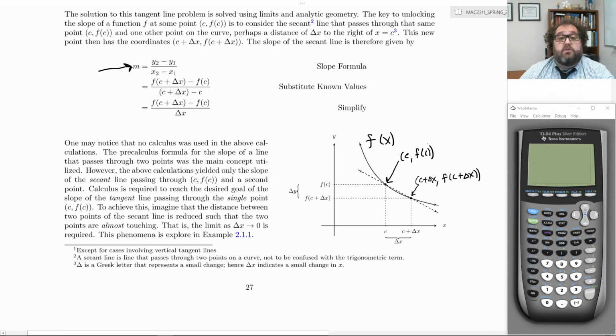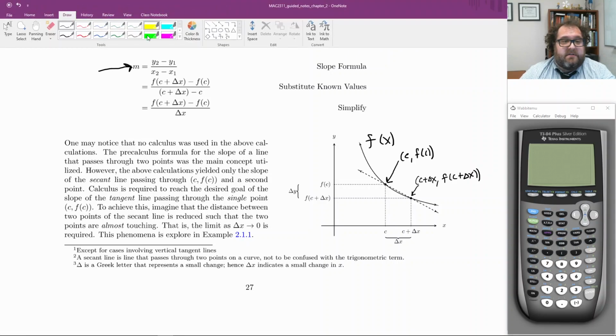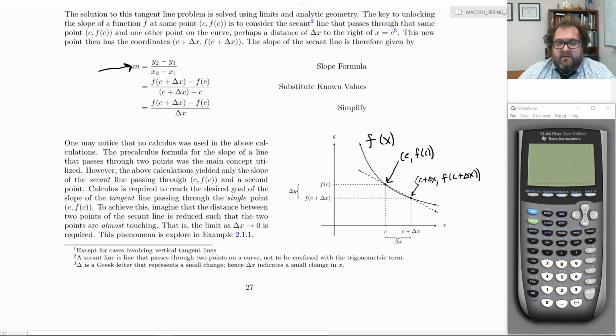What might you be able to do with 2 points? Well, you can find the slope of the line that passes through 2 points, just like you did in college algebra or intermediate algebra or pre-calc. So we have 2 points. If you want, you can label them, I suppose. Here, let's get a different color. To make the arithmetic work out a little easier, let's call this one x2 and y2.